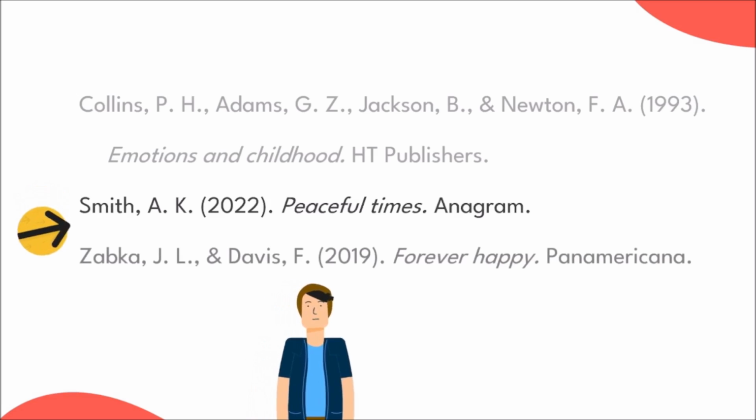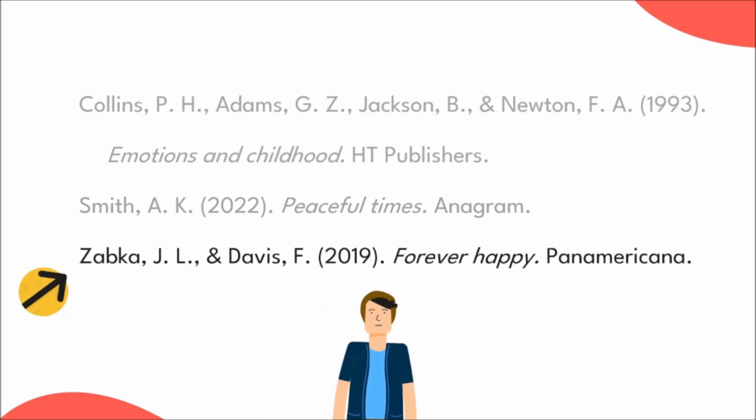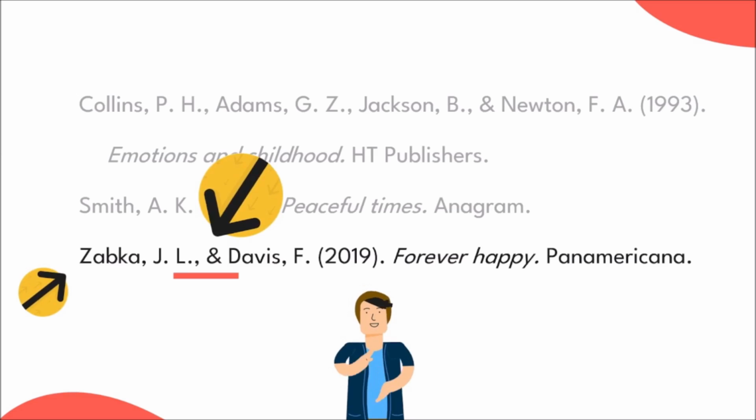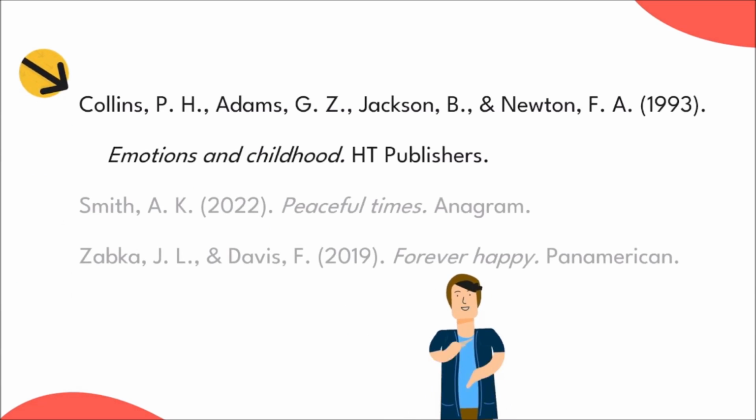But this last one is a reference in which there are 2 authors. Observe how the 2 are put each one with surnames and initials of the names and separated by an ampersand. And finally, here is where I show you what would happen if the book was written by several authors.